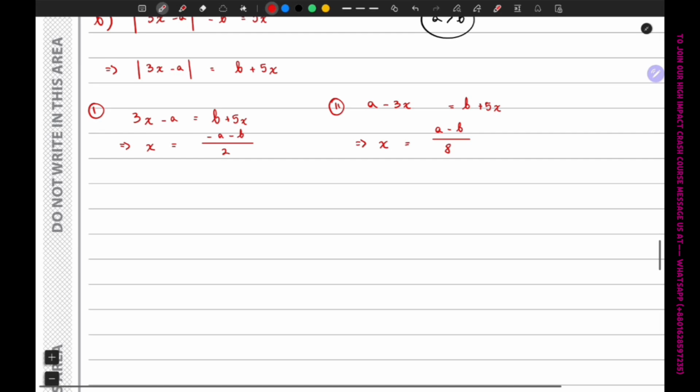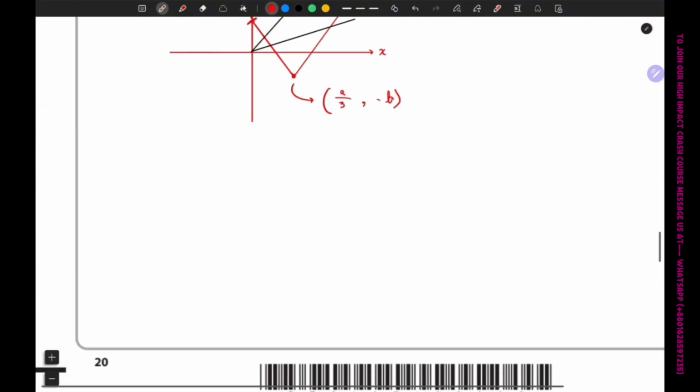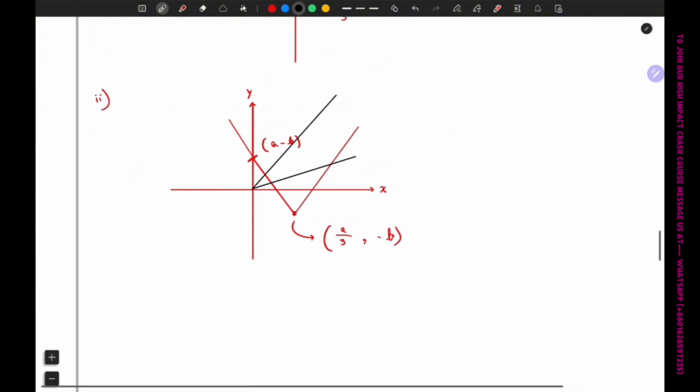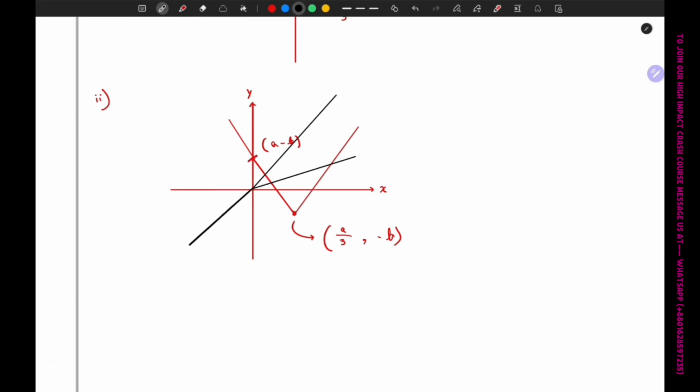Now let's determine which is the actual solution. As you can see, the first solution we got gives us a negative value of x. If we look at the graph again, the negative value of x actually means these two quadrants. As you can see, in these two quadrants the two graphs do not intersect in any way.